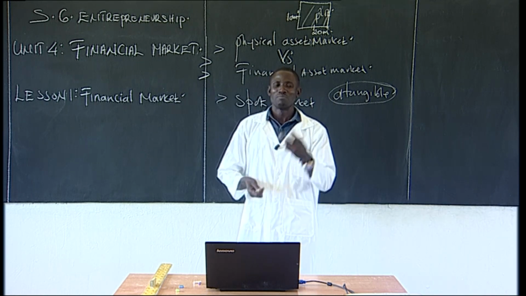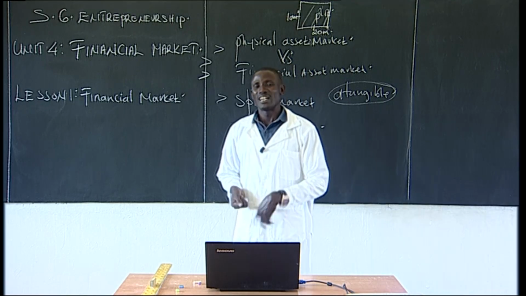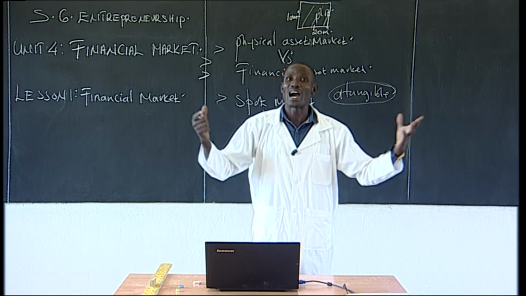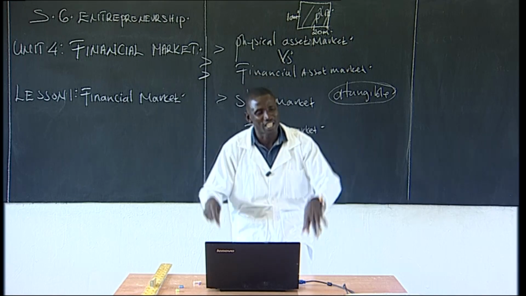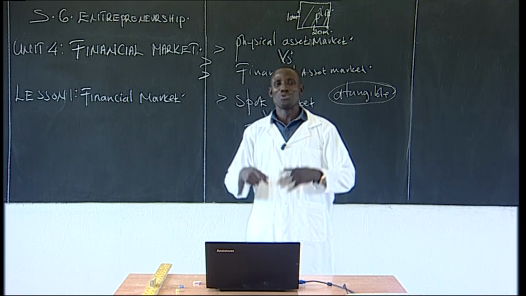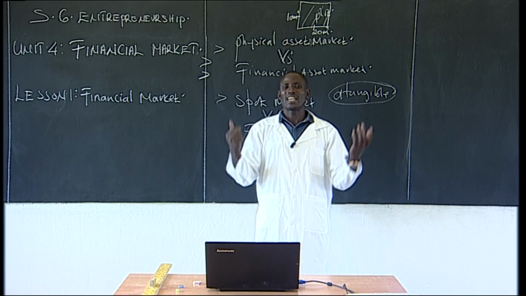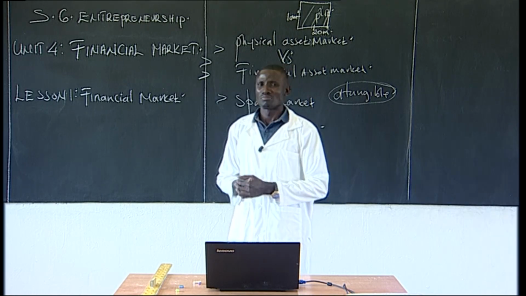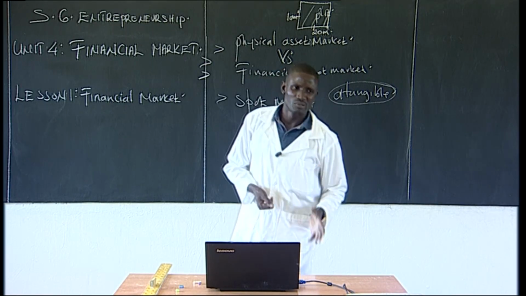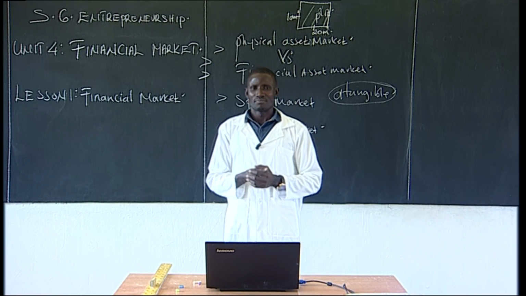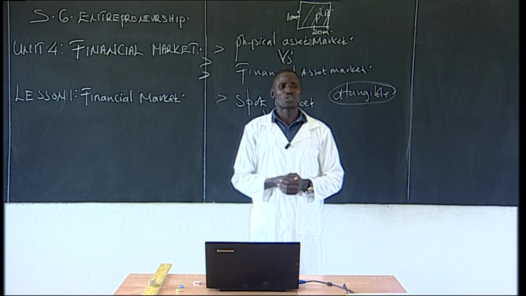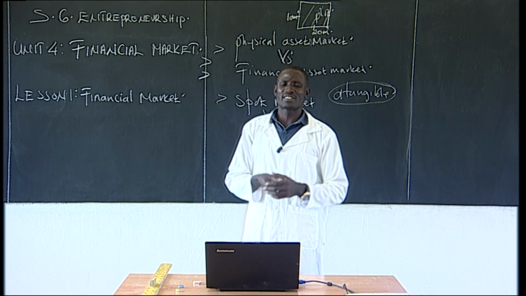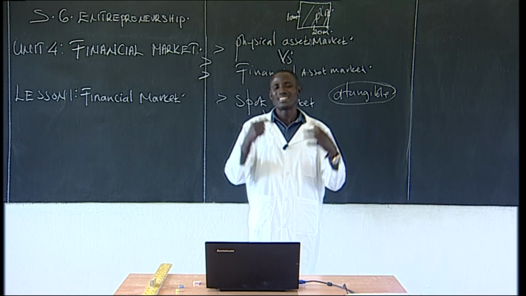Then another one, we are having buildings. A building, because when you are having your house, you are sitting on it, you are feeling it, you are touching it, you are enjoying it. Machinery, when you are having your laptop. Then we are having also tools, equipment, vehicles, gold.